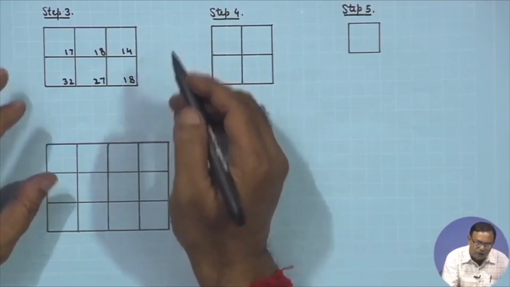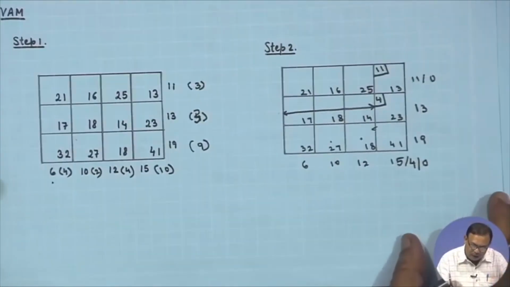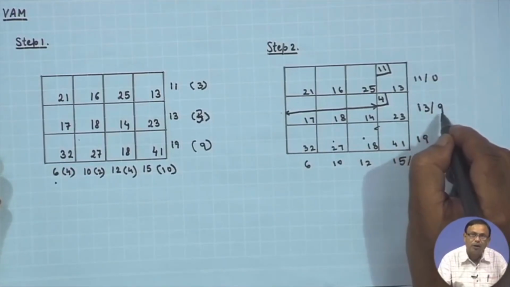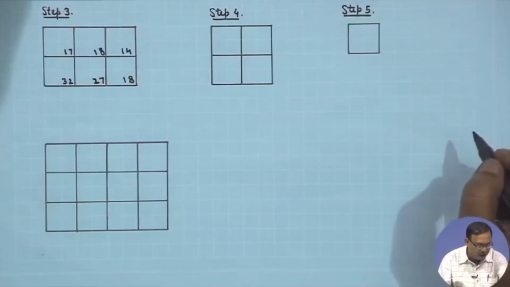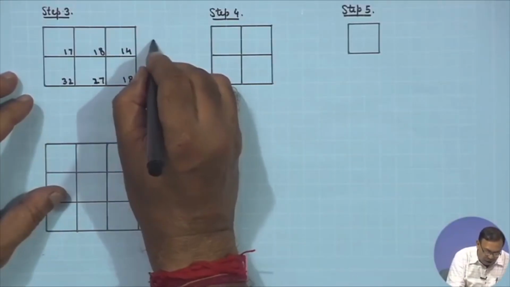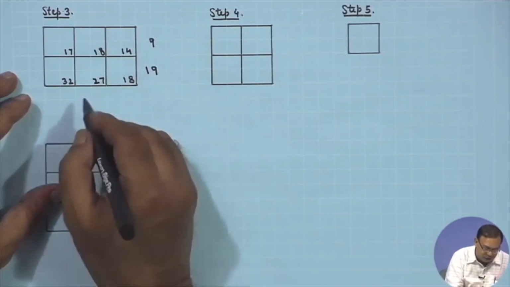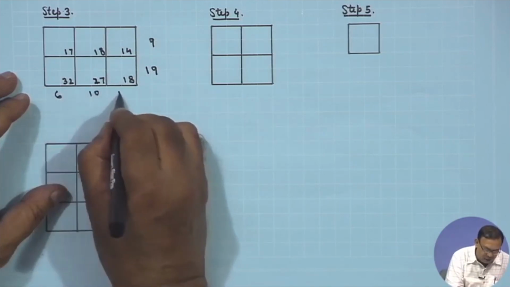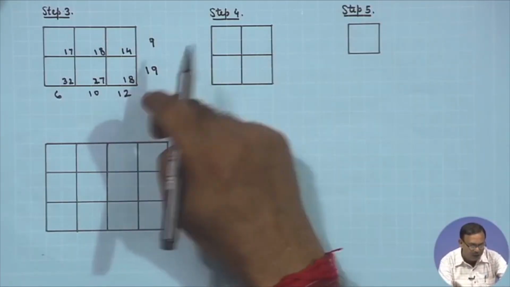Here the cost will be, since already you have allocated 4 on this, so it has become 9; from 13 it has reduced to 9. So, in this case it will be 9 and 19, and here the differences in costs are 6, 10 and 12.